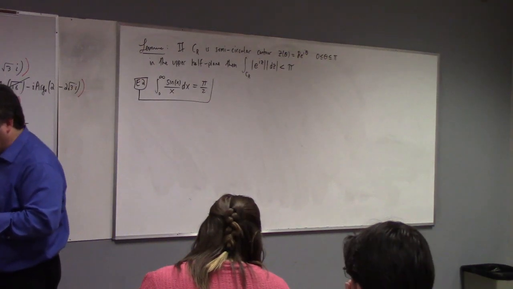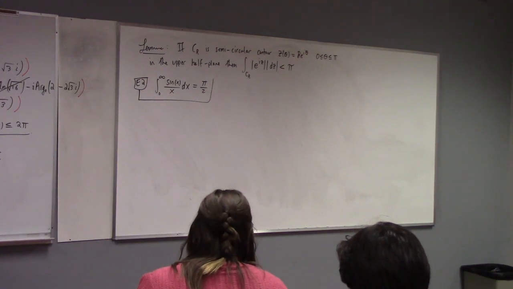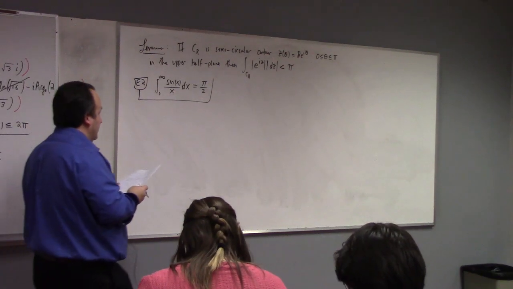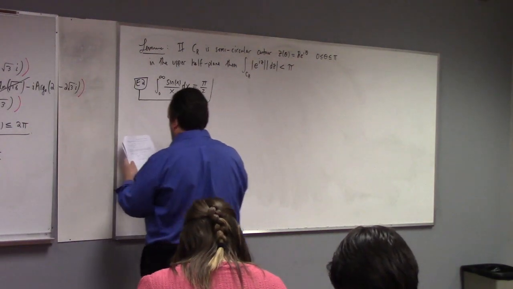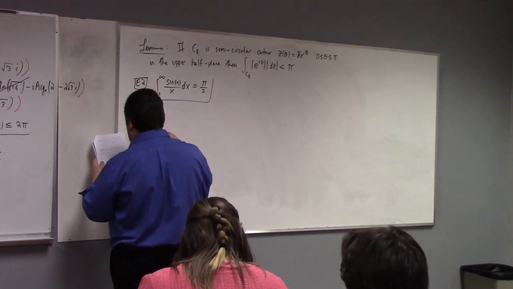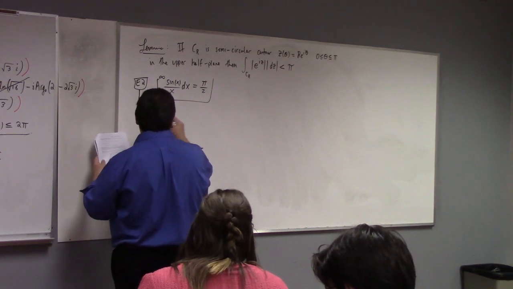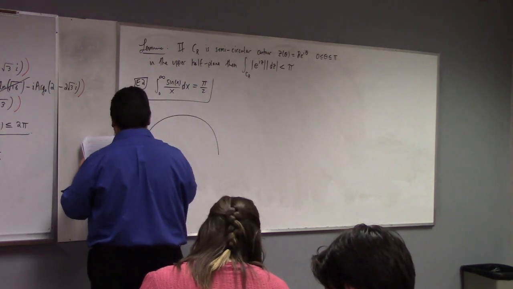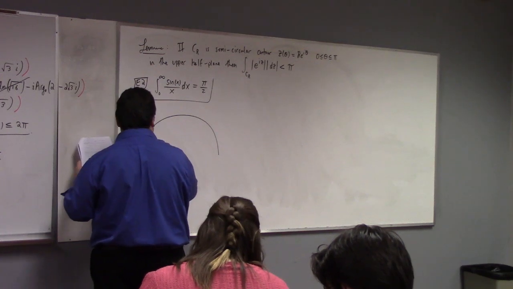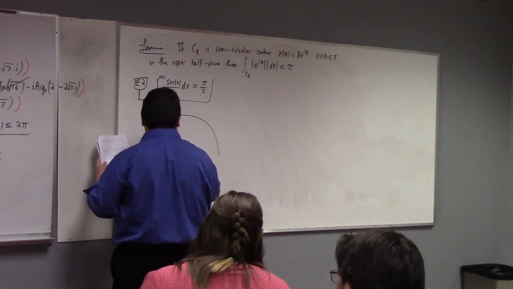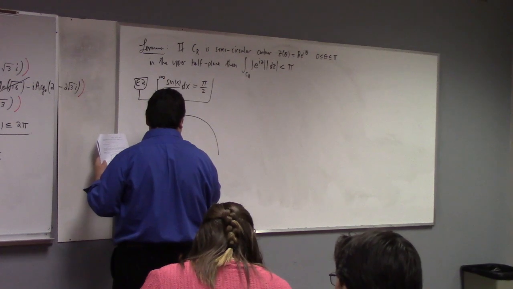To do this, we calculate the integral of f of z equals e to the iz over z. We're going to do it over a so-called indented contour. So here's how that goes. It's like a half circle. It goes from minus r, and here's 0 in the middle.